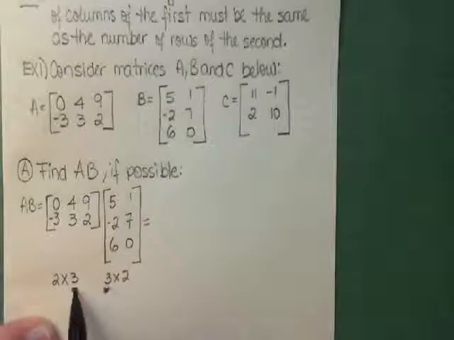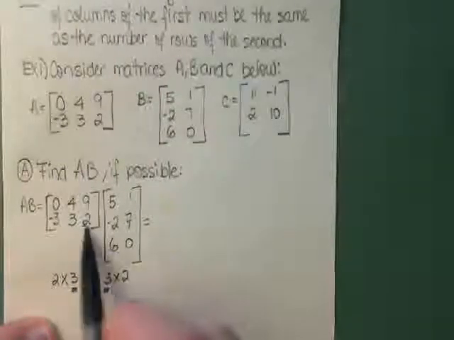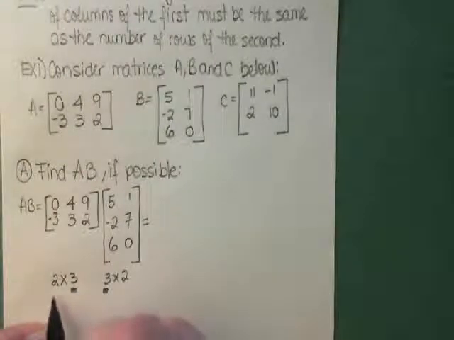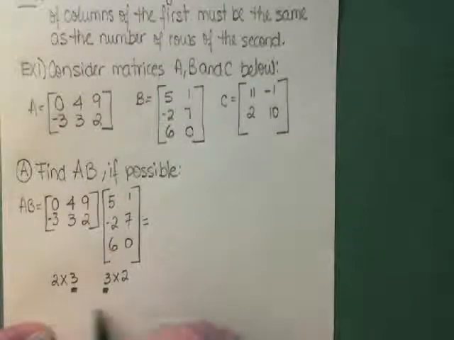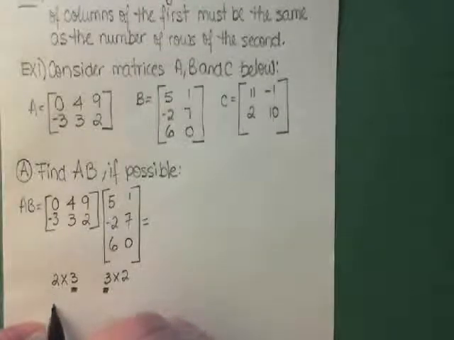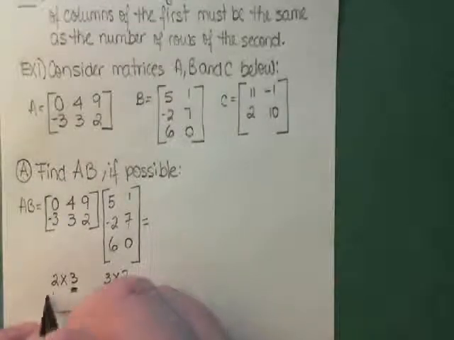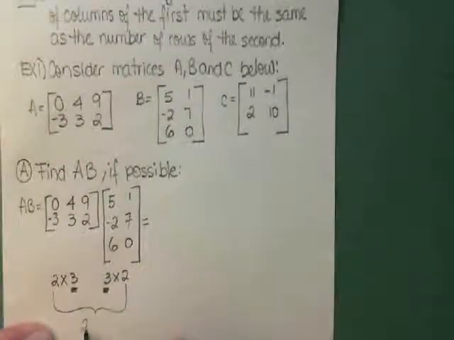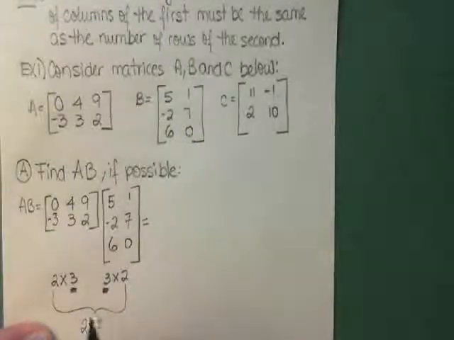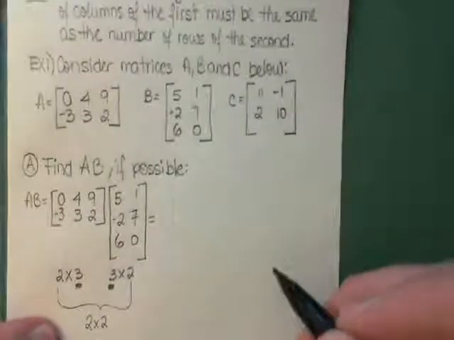Because the two inside numbers are the same, I can multiply these two matrices. Also, the good thing about writing these dimensions is that your answer is going to be the outside numbers, 2 by 2. So you know your answer is going to be a 2 by 2 matrix. So let's see how that's going to work.